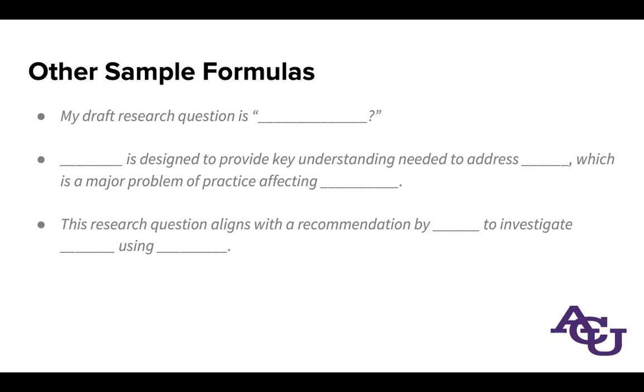Or you might use wording like, this research question aligns with a recommendation by this author to investigate this phenomenon using this tool. And that's something that, based on the reading you've done so far, you might have some ideas, or you might discover that after doing the literature review, you revise your research question so that you can align it with something else.